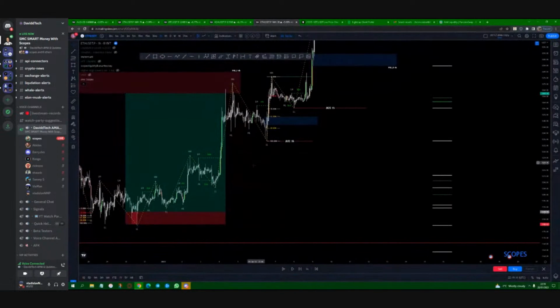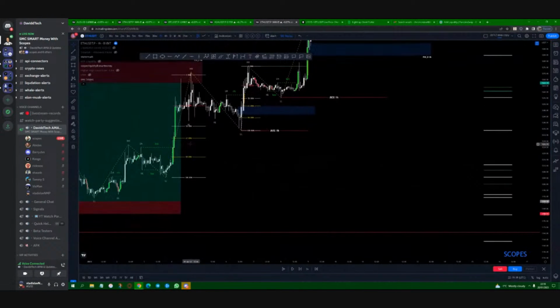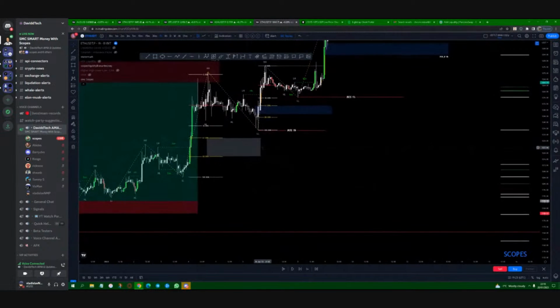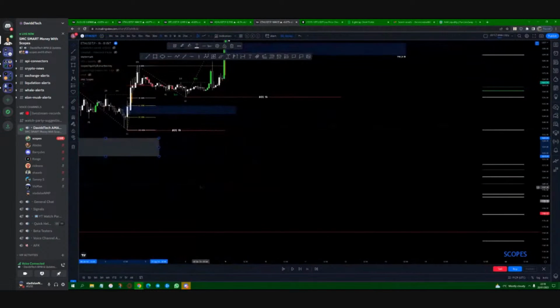It pulled back to there, and there's no candle there for me to get in. I'm waiting for price to come to this area. It's not coming to it. It's coming to equilibrium, but nothing clear here.